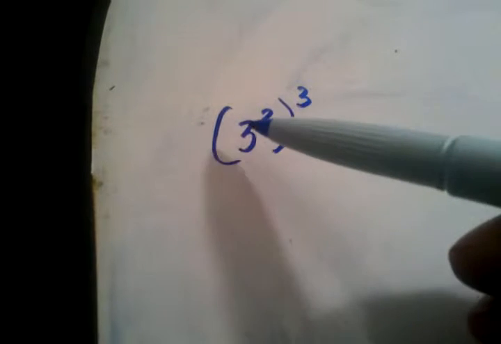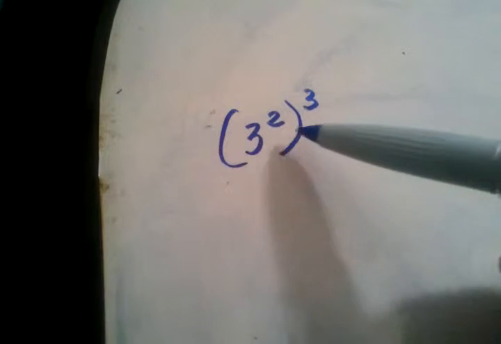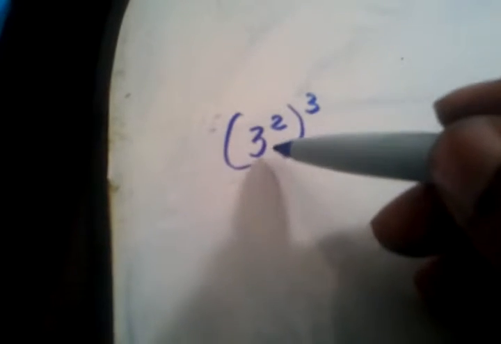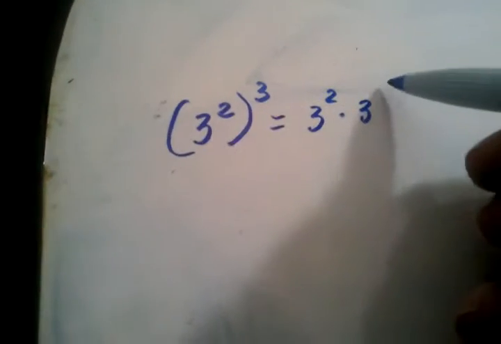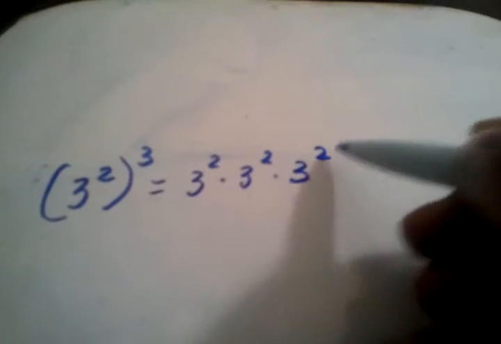So we have 3 squared, all of this raised to the third power. What you can't do is just say 3 to the fifth, because this 3 doesn't have like just another 3 as its base. So what this says is I want to see everything in parentheses 3 times. So in parentheses we have 3 squared. So that's 3 squared times 3 squared times 3 squared.